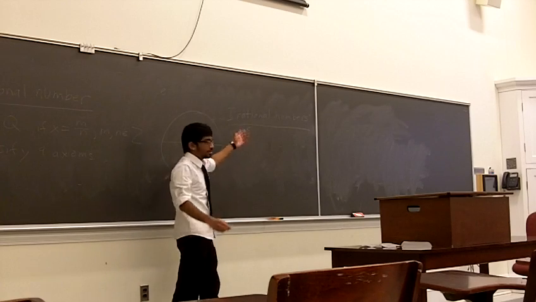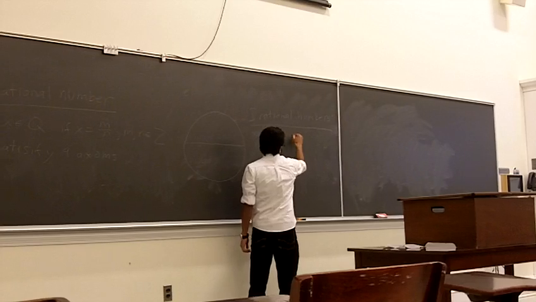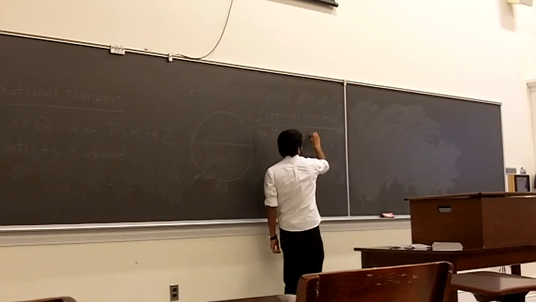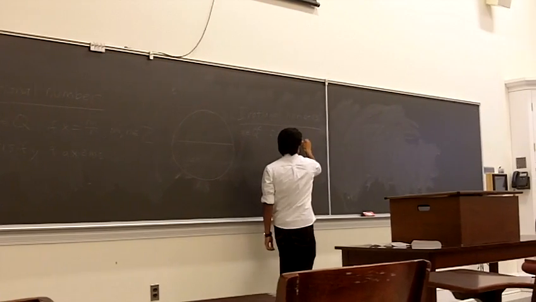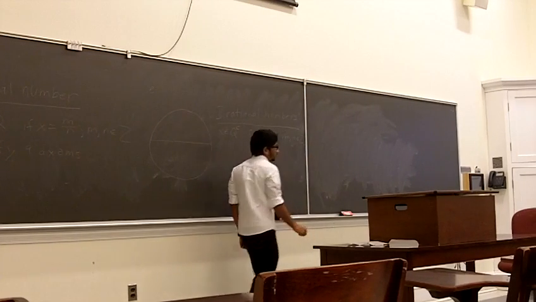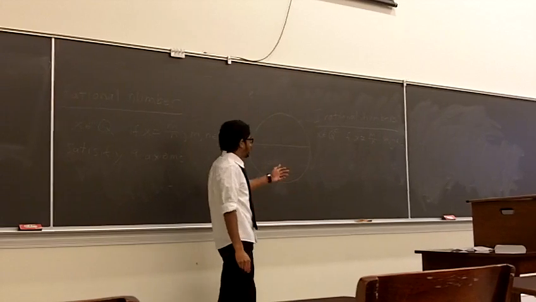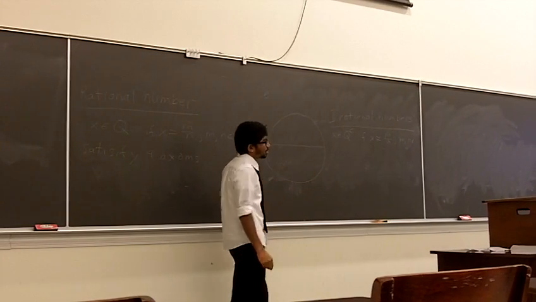This is how we denote an irrational number. X is an irrational number if x doesn't equal m over n, where m and n are in Z, the set of integers. So that's the basic definition of an irrational number.